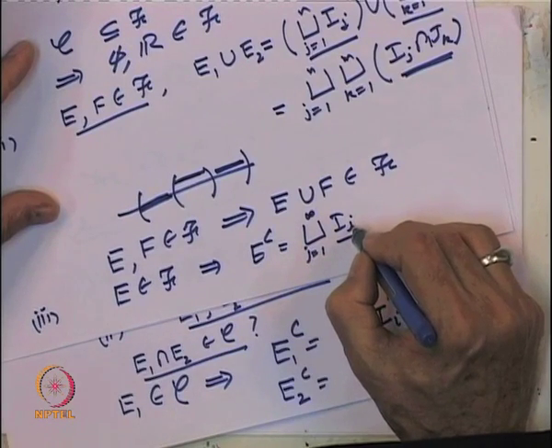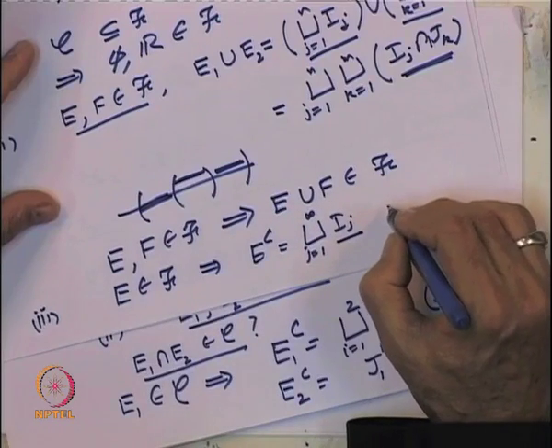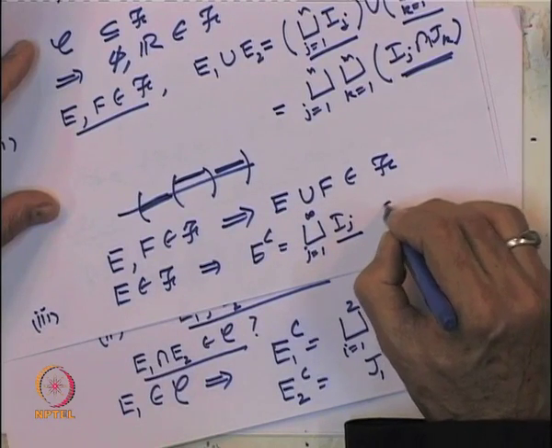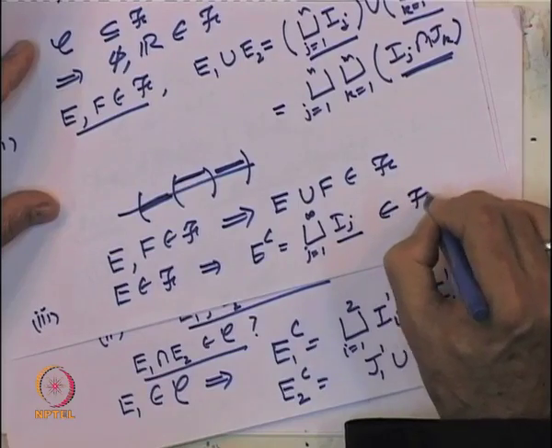So, it belongs to F, and just now we proved it is closed under unions. So, this also belongs to F.